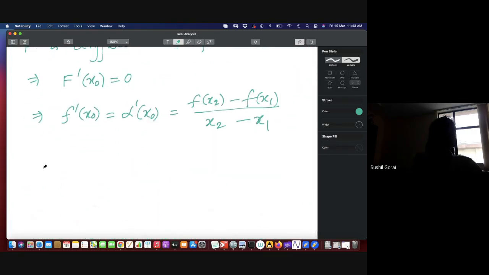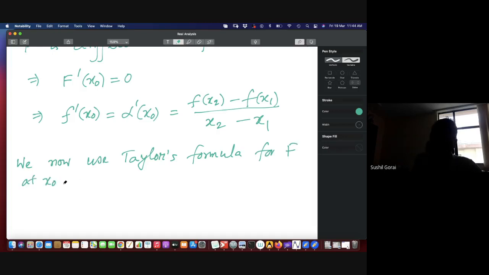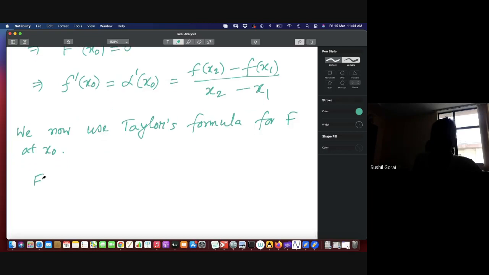Now we use Taylor's formula for capital F at x naught. Of course, the second derivative exists, so the remainder term will consist of the second derivative.